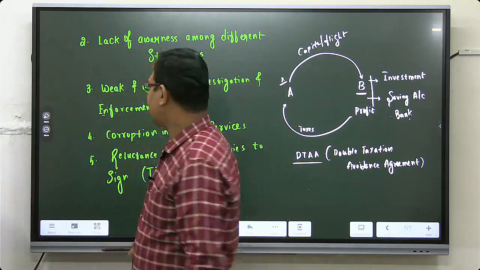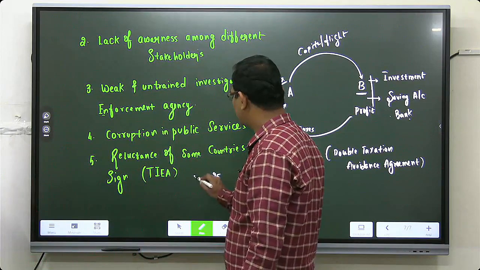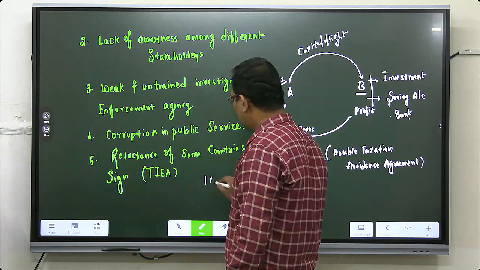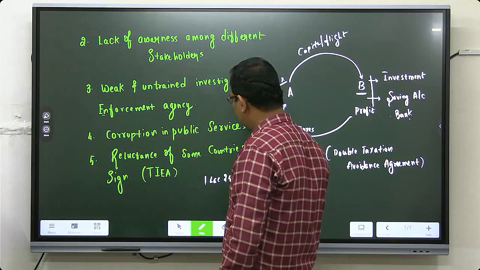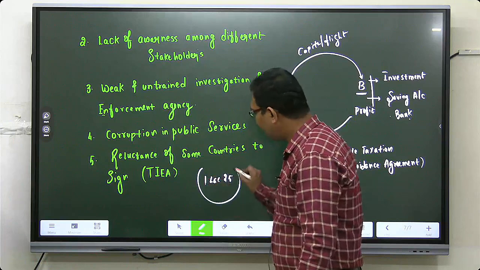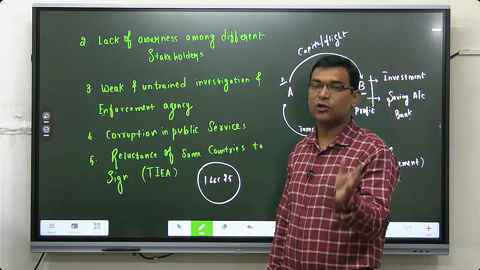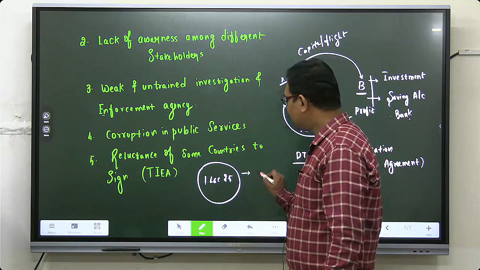Every month I get around 1,25,000 rupees as salary. I pay a certain amount of TDS, tax deduction at source, or personal income tax.